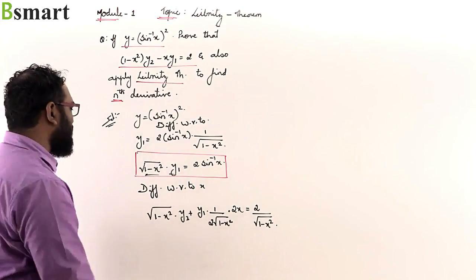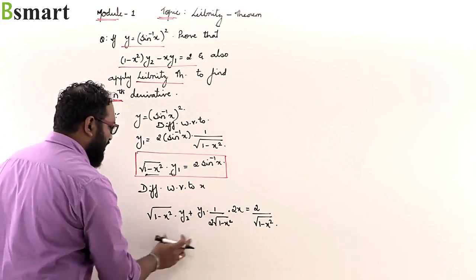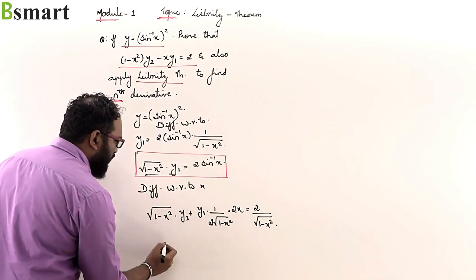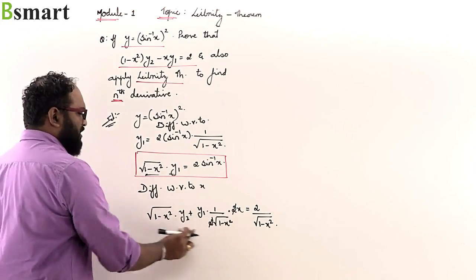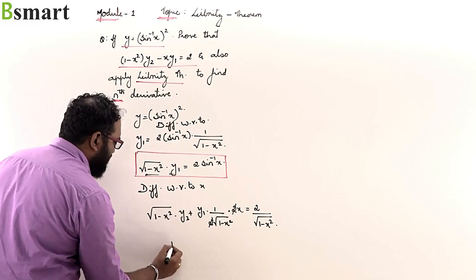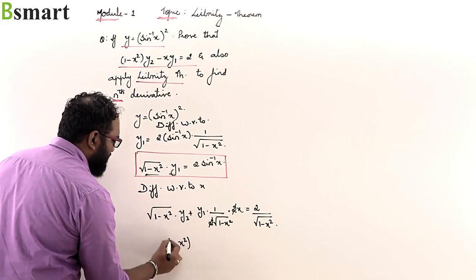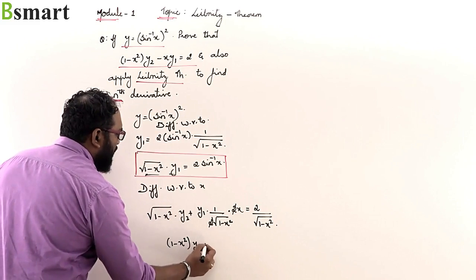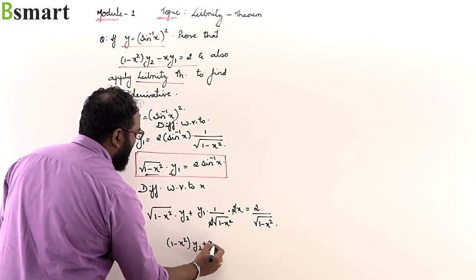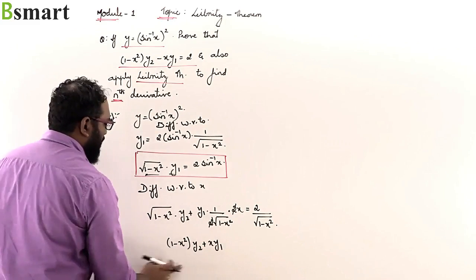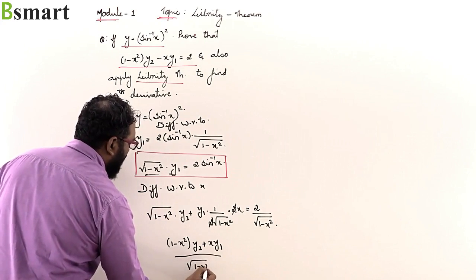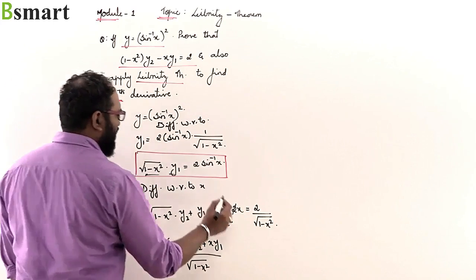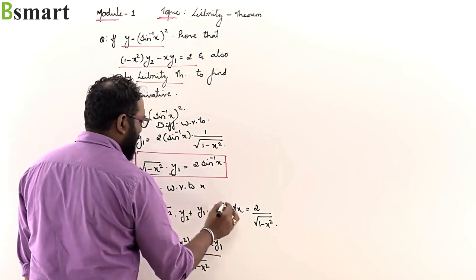Now, if we simplify this, I'll take the LCM here. So 2 will get cancelled. Root over 1 minus x square into root over 1 minus x square, that is 1 minus x square y2, plus here we are having x into y1 by root over 1 minus x square. I think here we will be getting the derivative of 1 minus x square as 2x.